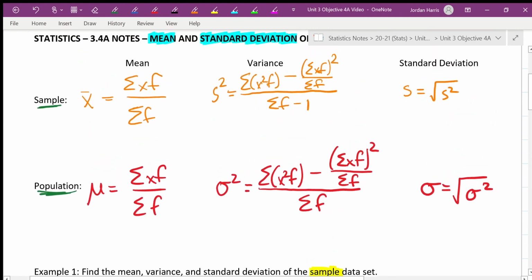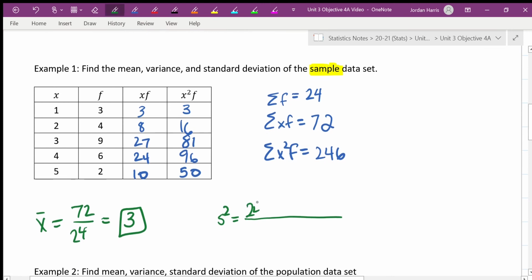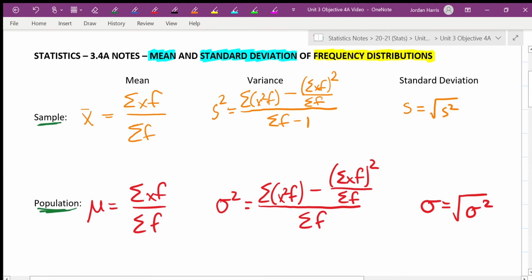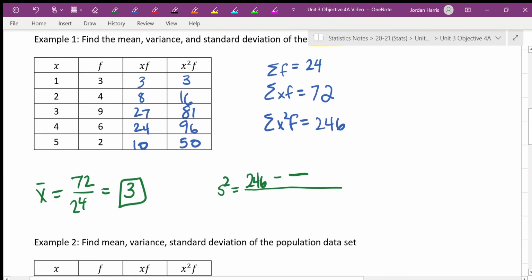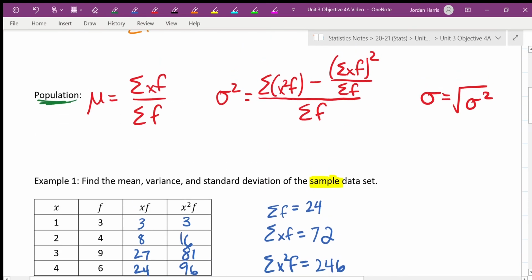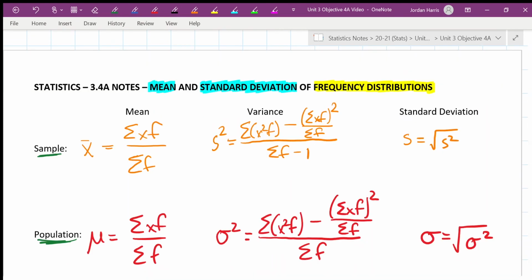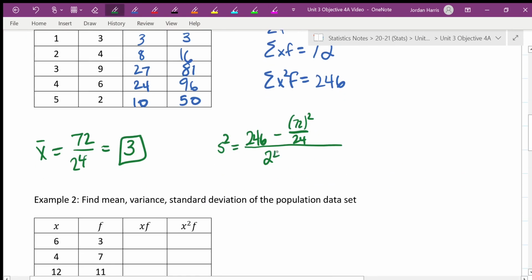So it's the sum of x squared f, which is 246, minus the sum of xf, then squared, divided by the sum of f. So that's 72 squared divided by 24, all over the sum of f minus 1. So 24 minus 1. Okay.